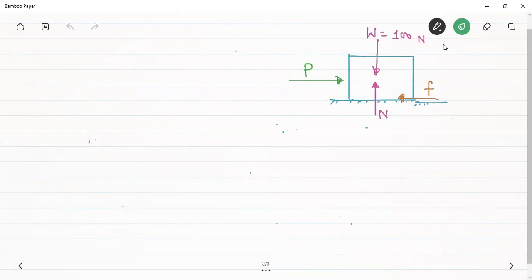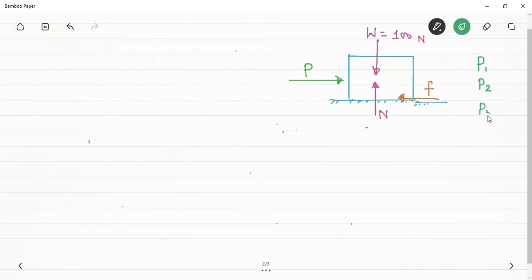Now, if I apply some value of the force P, we can see that the block is at rest. If I try to increase this force, the block is again at rest. Suppose I apply the force P1, the block remains at rest. After that, I enhance the magnitude to P2, which is greater than P1, and the block is again at rest.